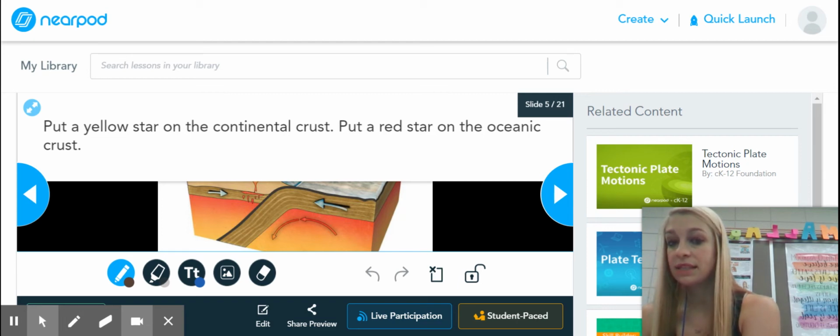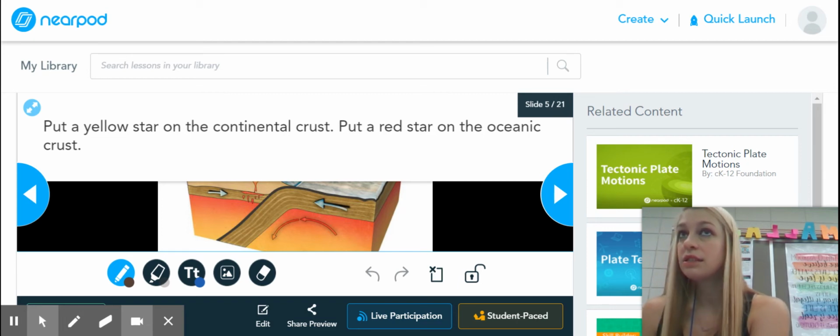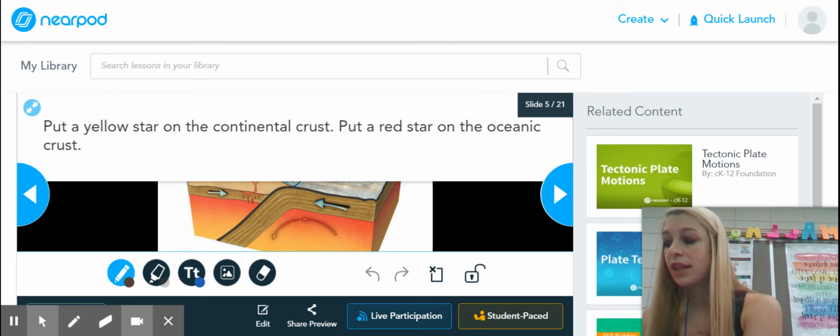When this plate subducts, yes, it's blue here, it looks like it's just water, but we know that underneath the ocean, there is land, there's sand, there's a ground, there's a bottom. So when that subducts or goes down into the mantle, it's going into magma, so it's going to melt.